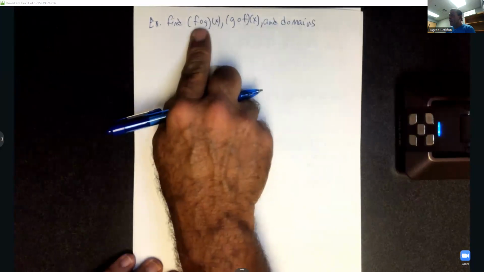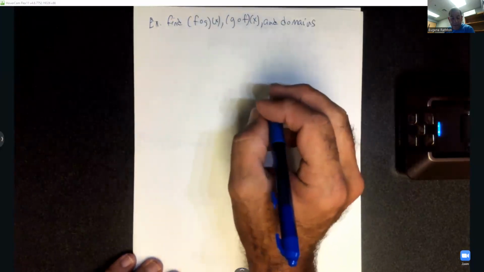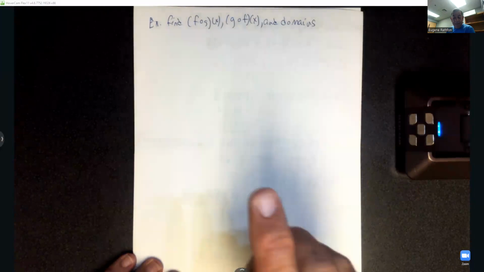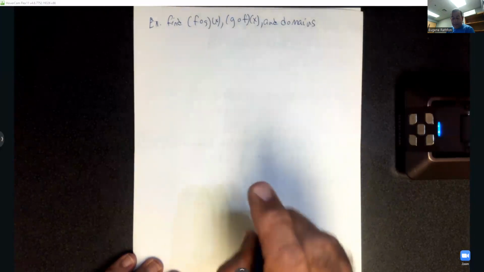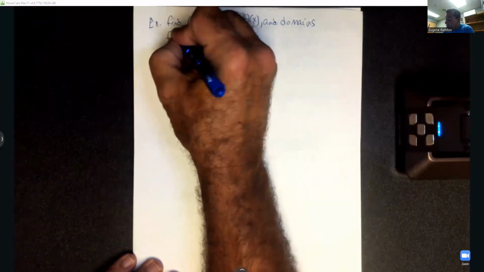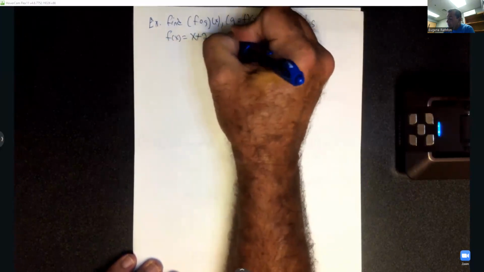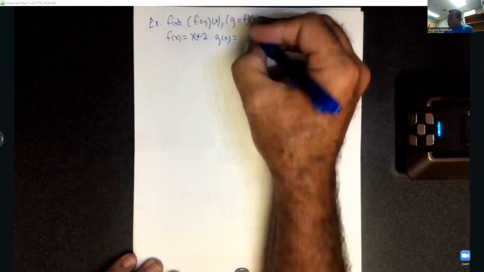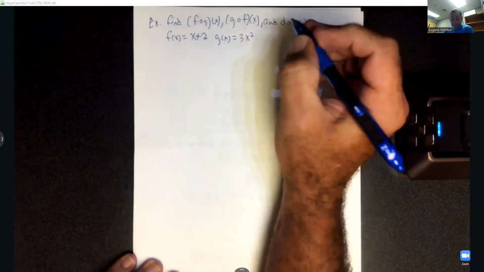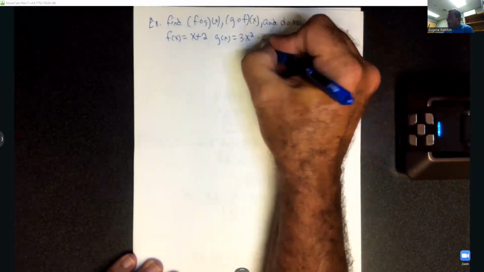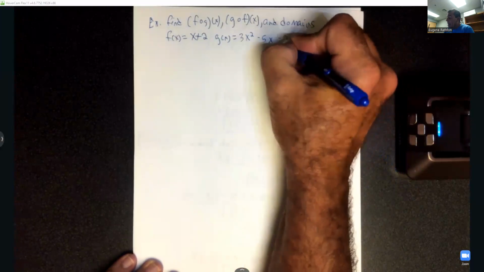I'm going to start out with f composed g of x. So on this one, f of x is x plus 2. g of x equals 3x squared minus 5x minus 2.